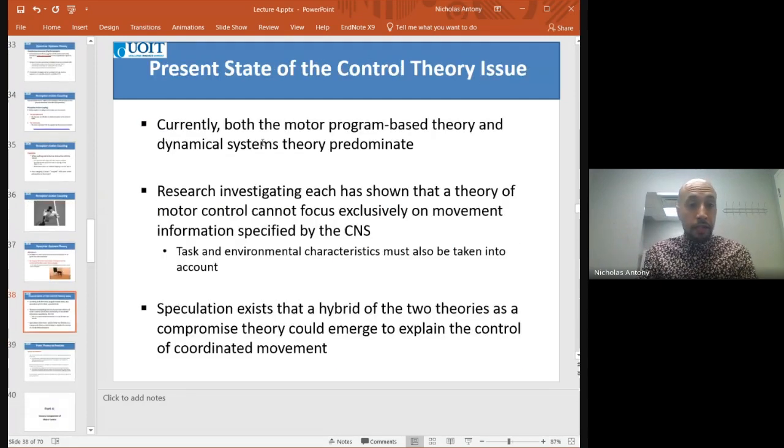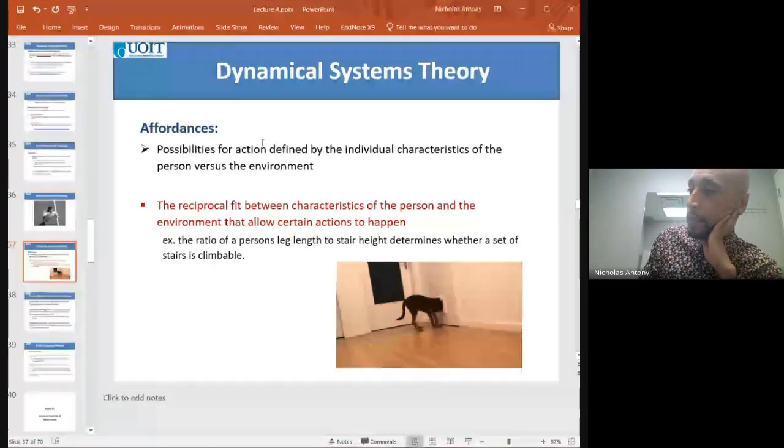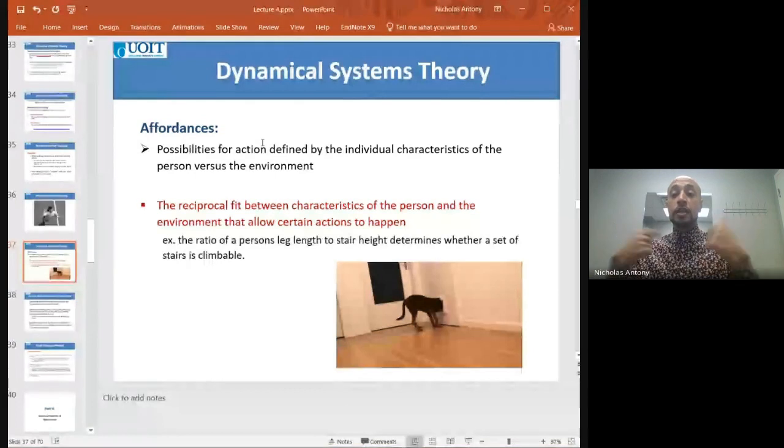And then the last thing is this whole idea of affordances. There was one study looking at two different things. In one, they would increase the size of a step, and people would naturally know when they could step over it or when they had to step on top of it based on the size of their body.